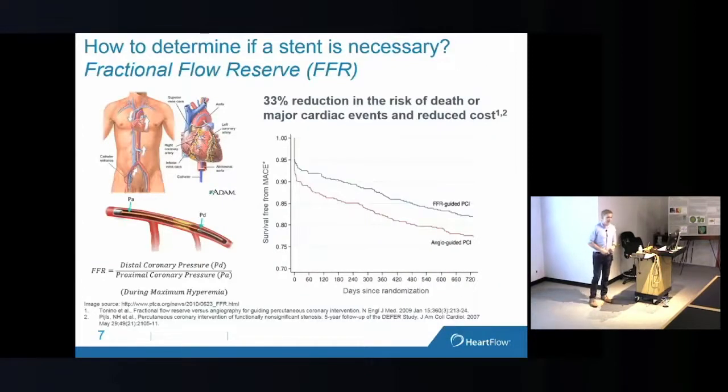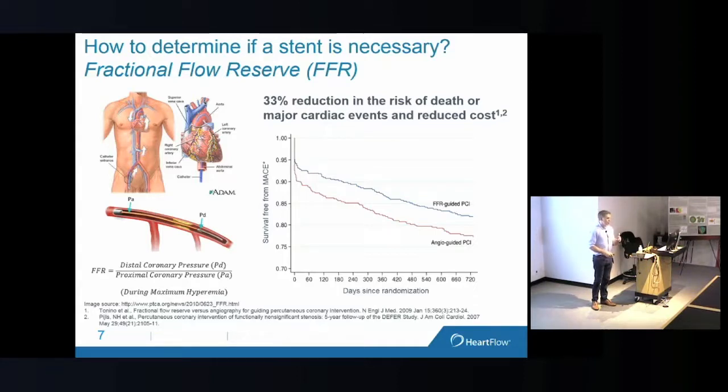Specifically, we focus on a test called Fractional Flow Reserve. Fractional Flow Reserve is a test that is used to determine whether or not a patient has a severe coronary artery disease, enough to warrant revascularization with a stent. So the way this test works is it's an invasive test. You go inside the patient all the way around, and you go to the location of a blockage. You measure the blood pressure before the blockage, after the blockage, and you take a ratio.